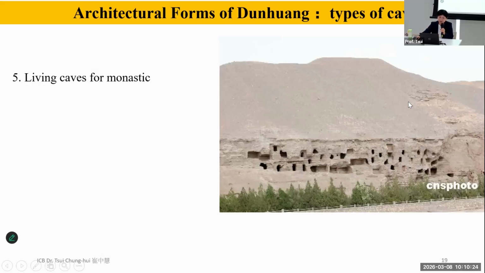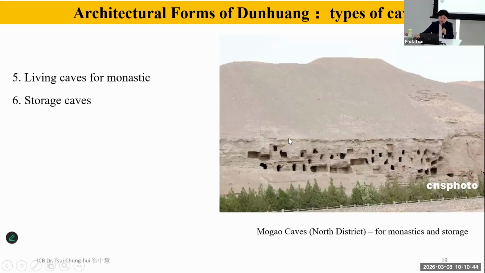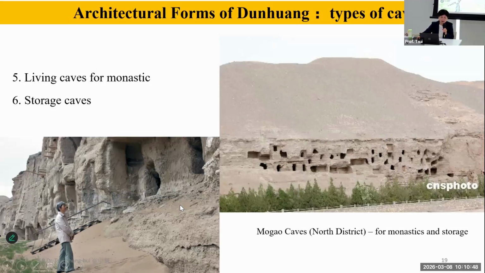In this area, we don't see mural paintings and sculptures with very colorful design. Here we have caves designed as meditation caves or living caves for the monastics. And in this area, we also have storage caves.